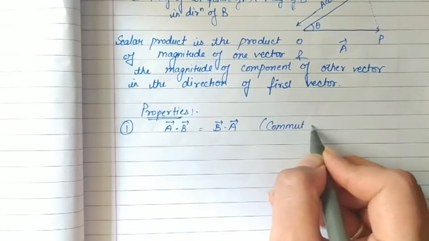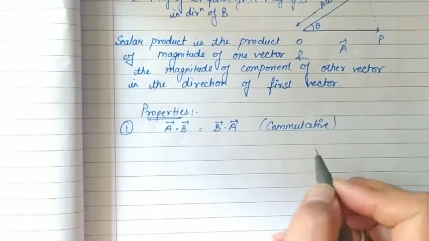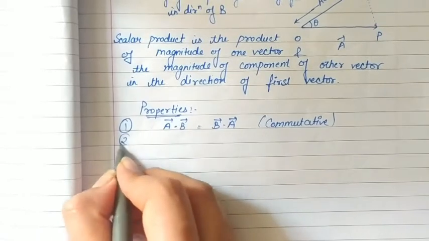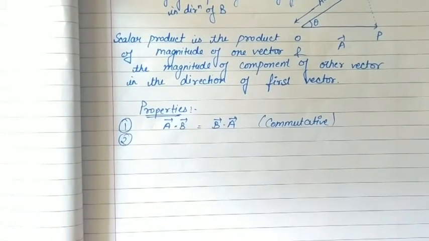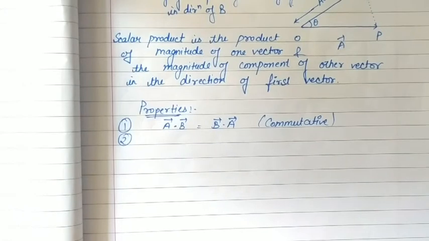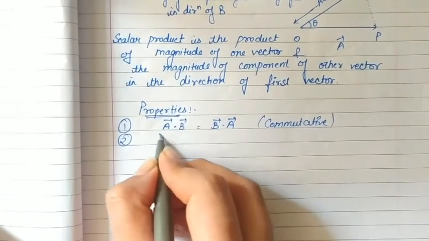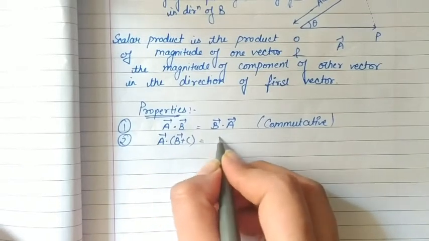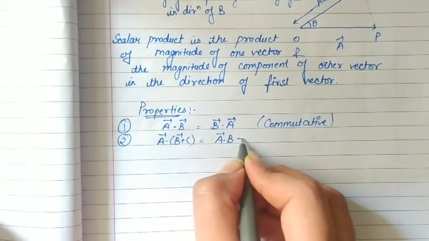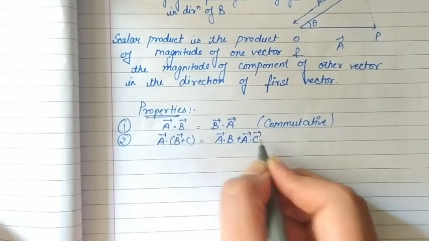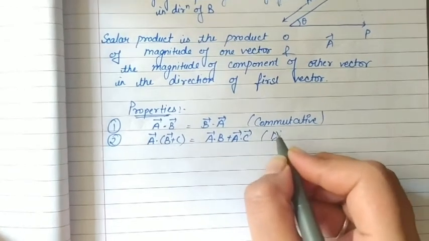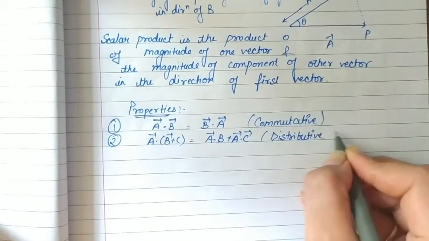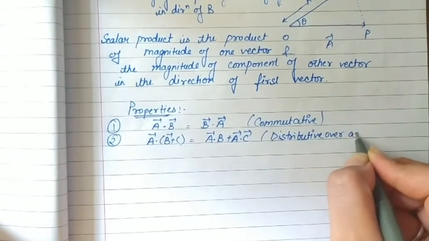The next property is that scalar product is distributive over addition. That means if we find A dot (B plus C), it will be equal to A dot B plus A dot C.